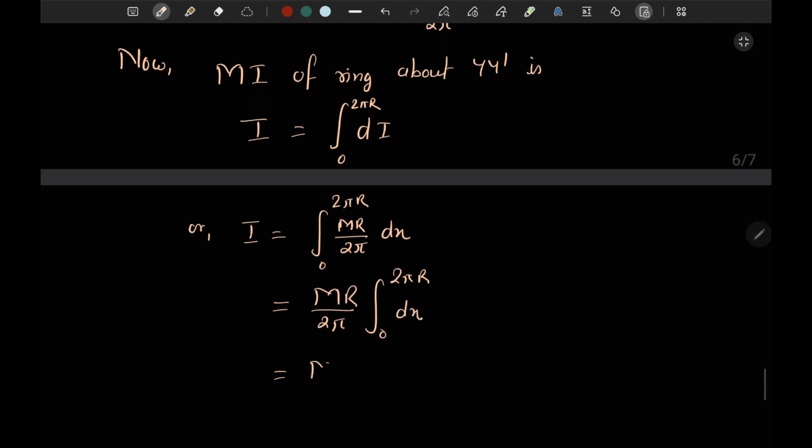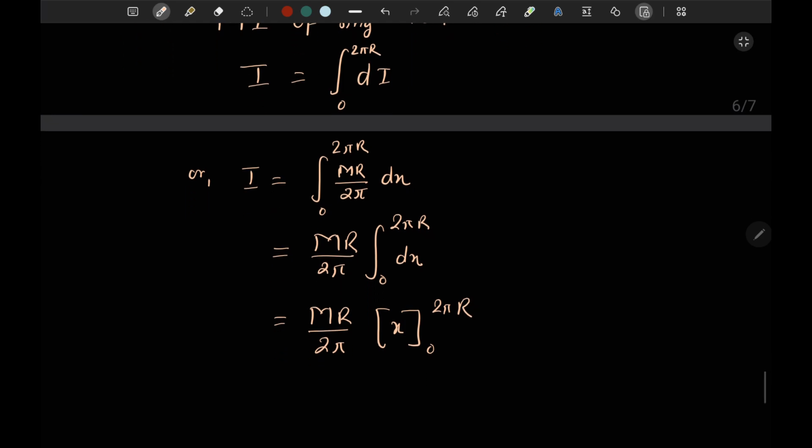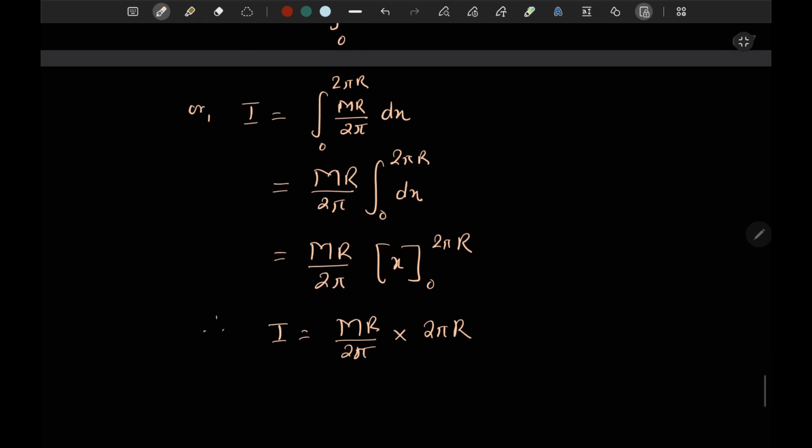Integration of dx is x. Substituting the values, we get I equal to m r by 2 pi into 2 pi r. Finally, I is equal to m r square. This is the moment of inertia of the ring.